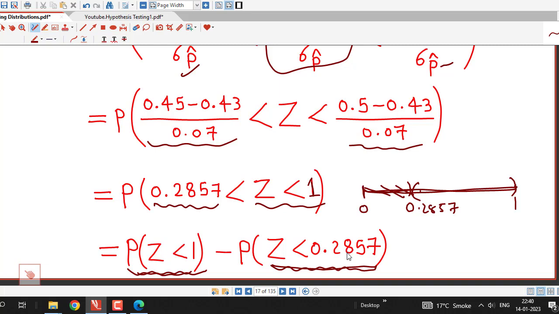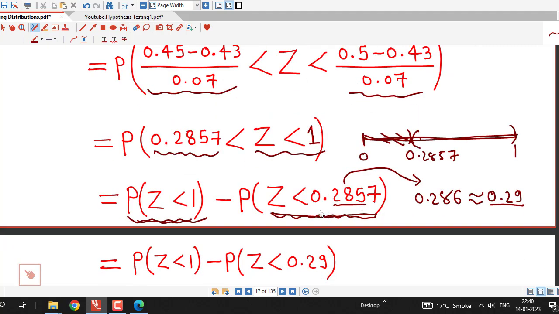normal distribution. This we have to round off up to 2 decimal places. If I round off up to 3 decimal places, then here I have 0.286, and for 2 decimal places it is 0.29. So first I write this by rounding it up to 2 decimal places.